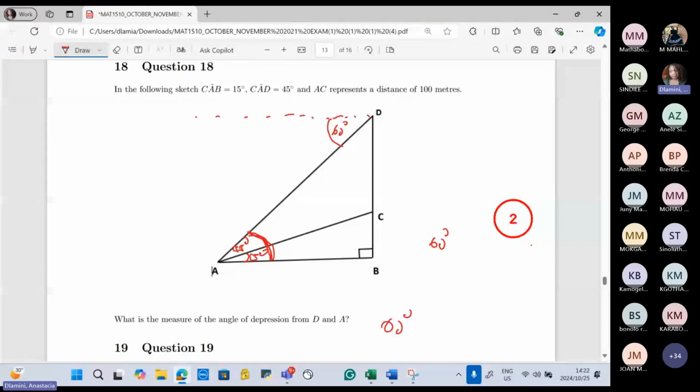Because remember, when we talked about angle of depression, we said if there's a building here and you are standing here and you are facing the person down like this, remember, we used to draw that line and look at this angle. Do you remember that? Yes, ma'am. Even when you're standing here and you're looking up there, we used to draw a line like this and find this angle.